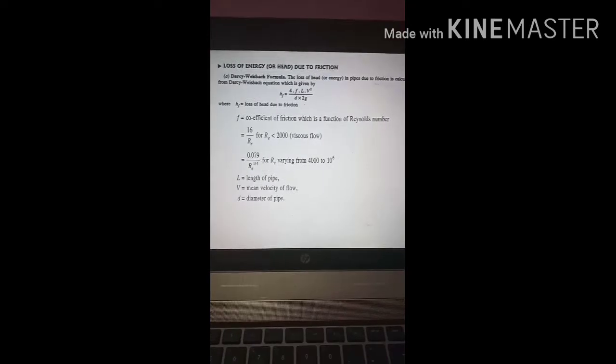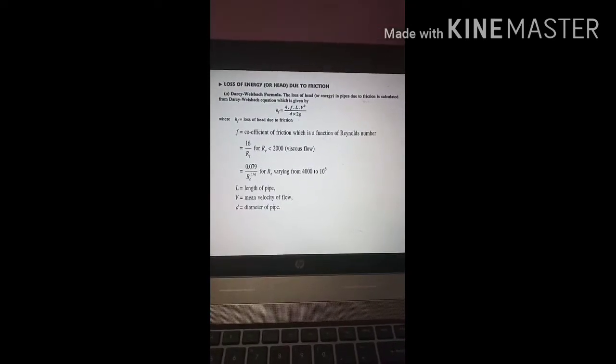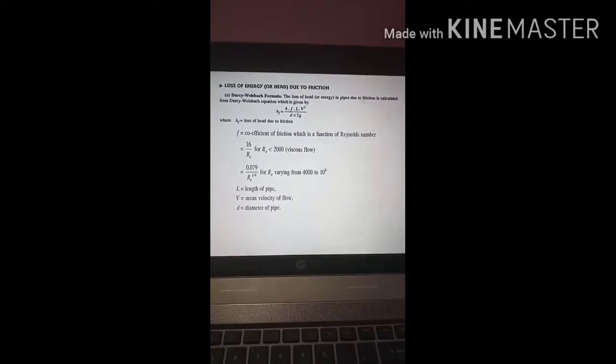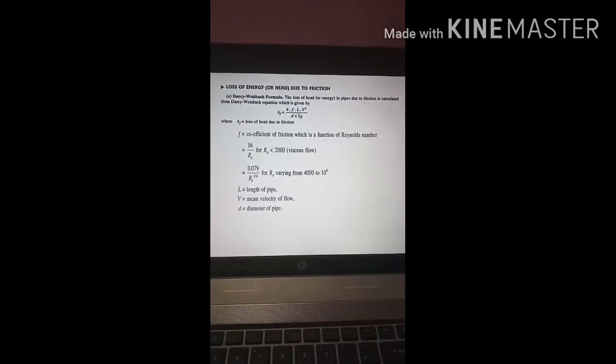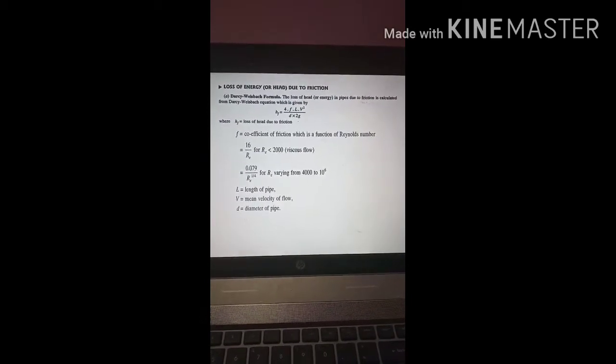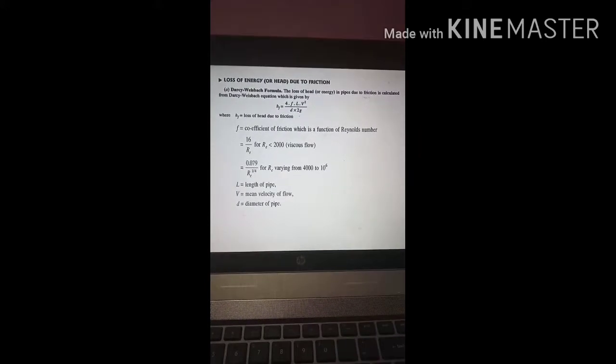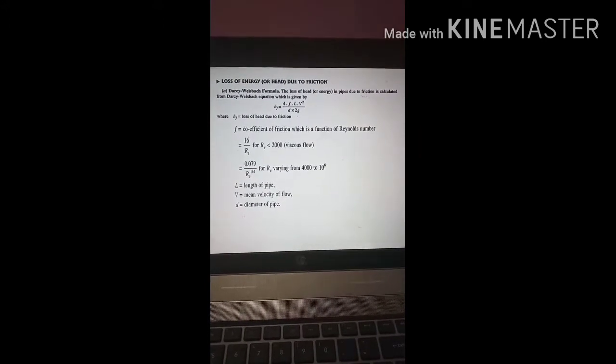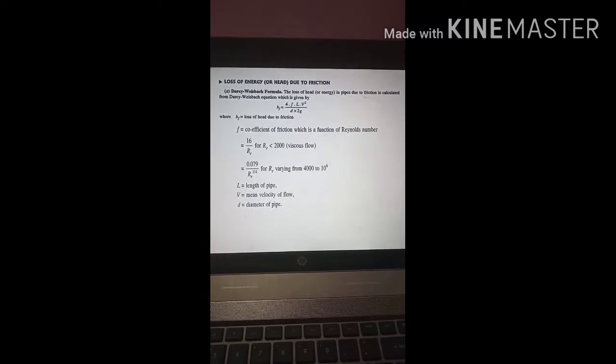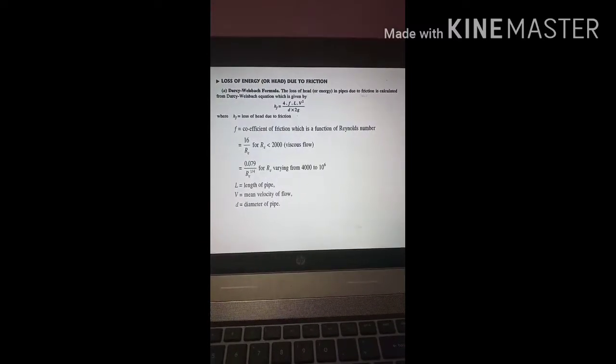The major energy loss, which is because of friction, is given by the famous scientists Darcy and Weisbach, who have given an equation: hf = 4fLV² / 2gD. This is a very famous equation and it is used worldwide today.